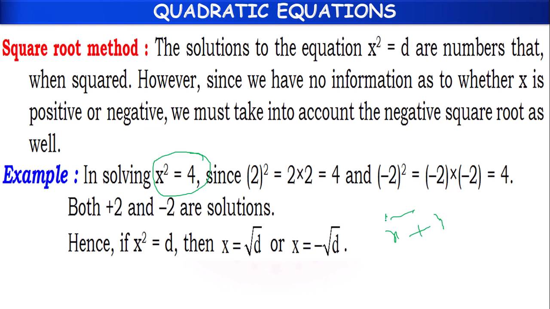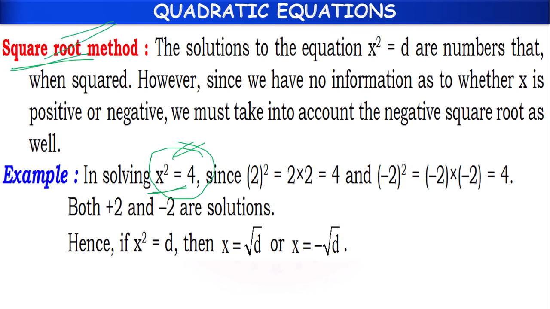Here x term is missing. So it's an example of a pure quadratic equation. x square equal to 4. x term is missing. It's a pure quadratic equation. For solving pure quadratic equations, we will make use of this square root method.